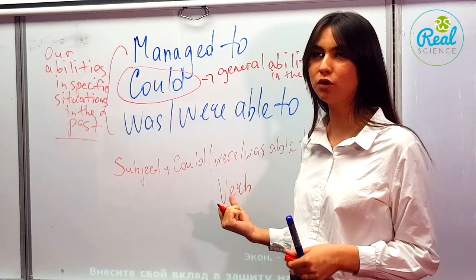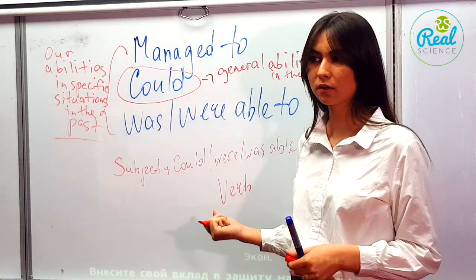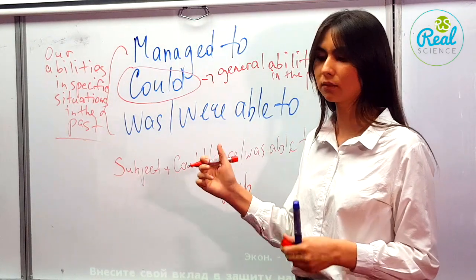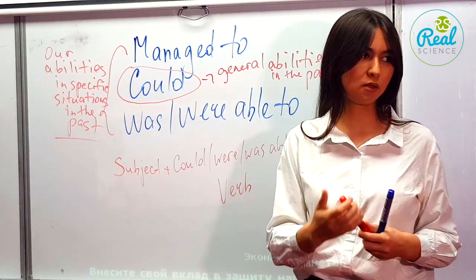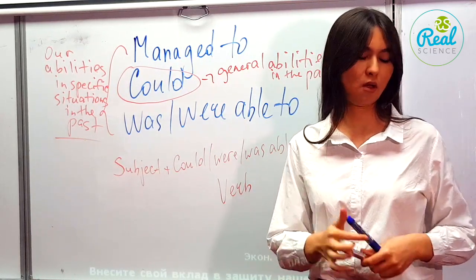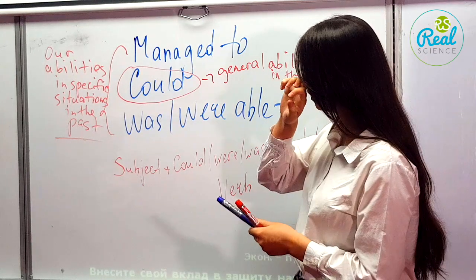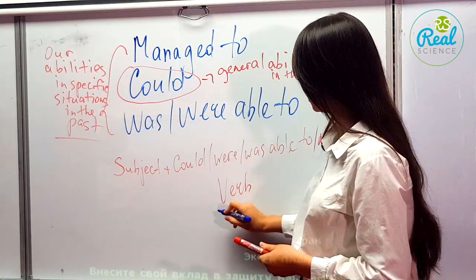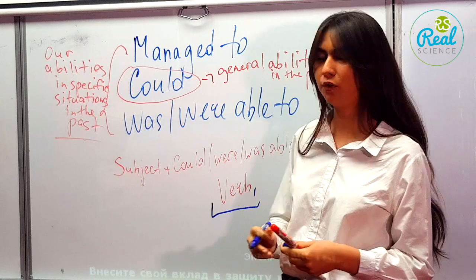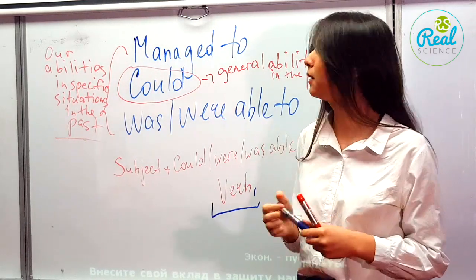Is it base form or should there be some changes? No changes. Yeah, you're right. So here the verb should be in the base form. No changes are needed. Okay.